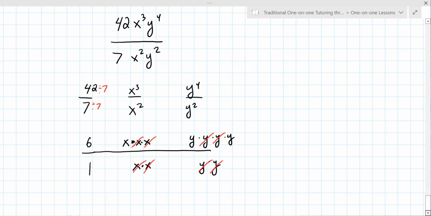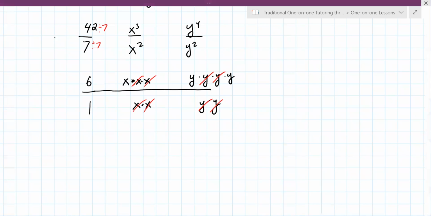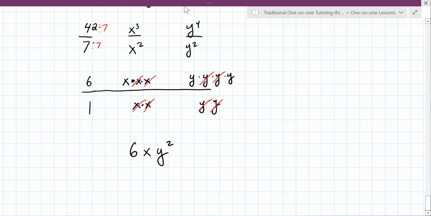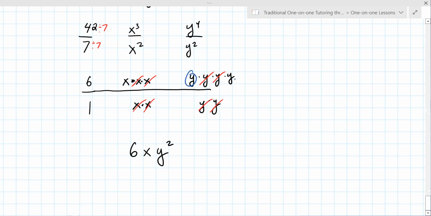And then you're left with 6 over 1, x, oh wait, 6x times y. Wait, why did you just get... I thought it's y over y. Okay, so it's y times itself, so it becomes just 1 y. Sorry, it's y squared. I'm sorry, there's 2 y's. I didn't catch them. Yeah, I was like, how did you get rid of that? No, sorry, that's y squared.